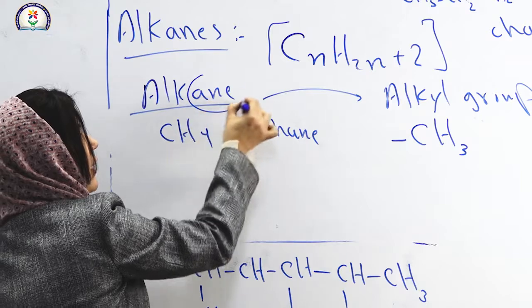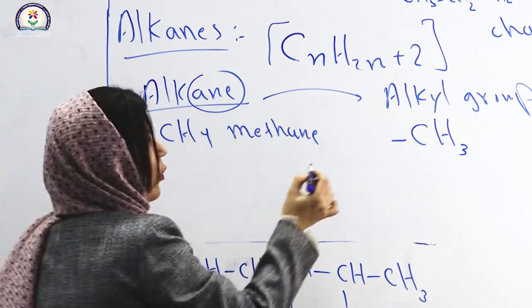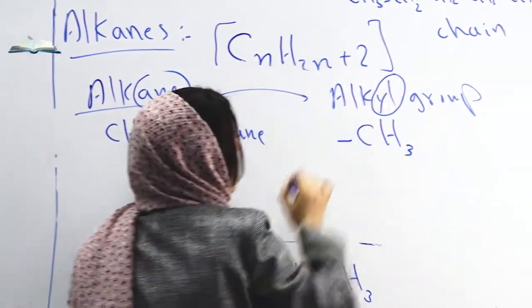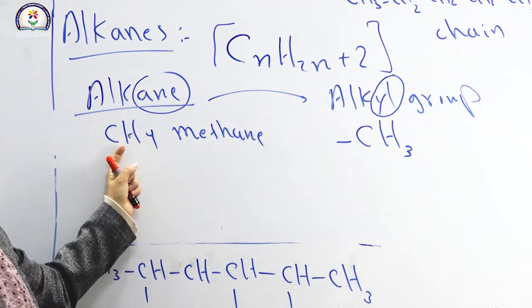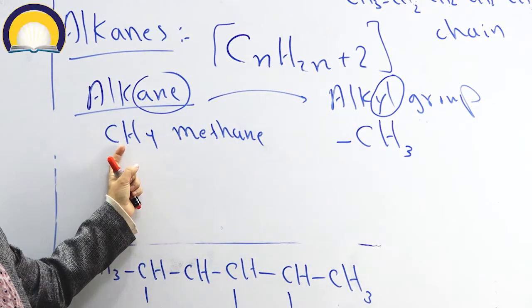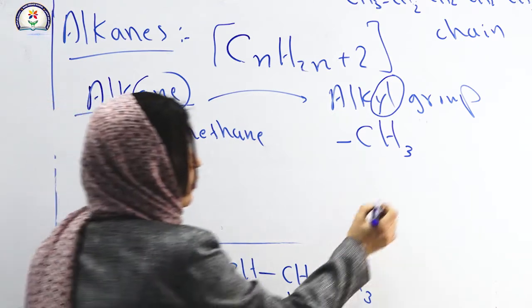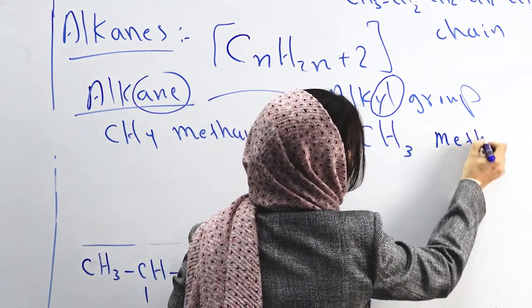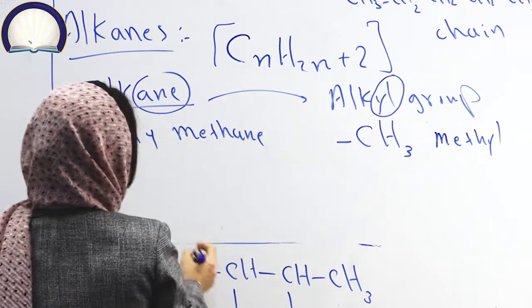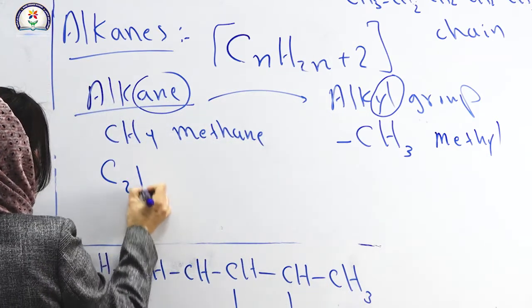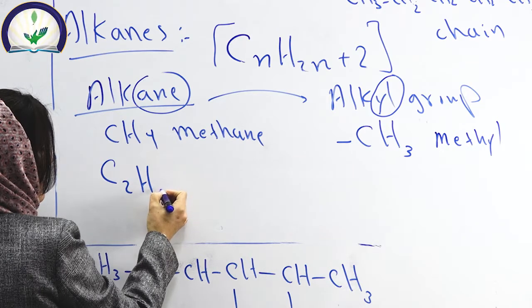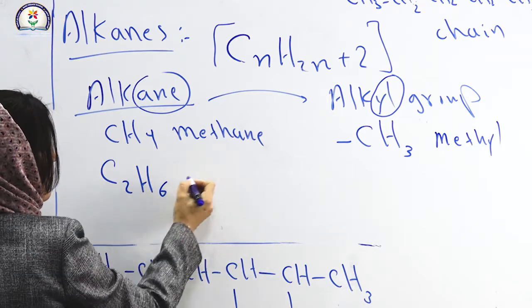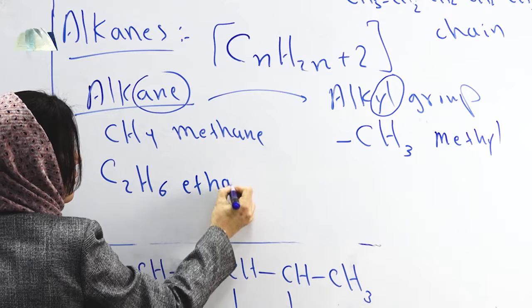The ending ane will become yl. Methane becomes methyl. And we have C2H6, ethane.